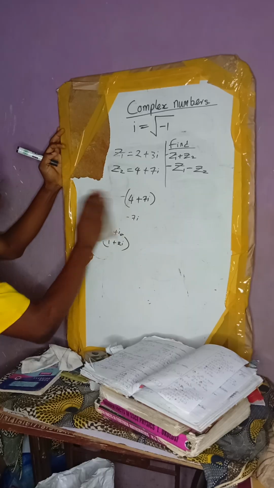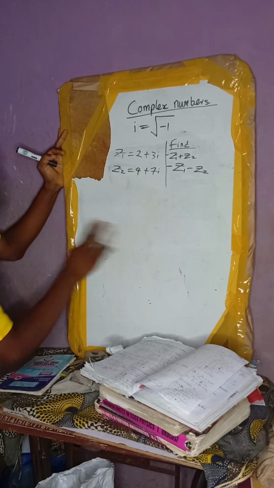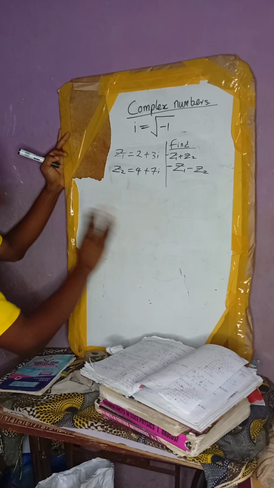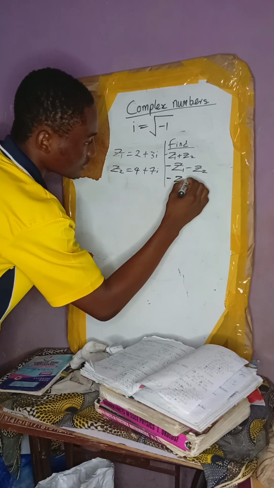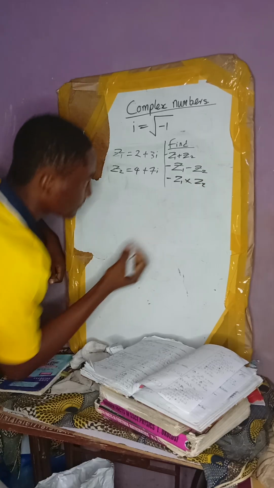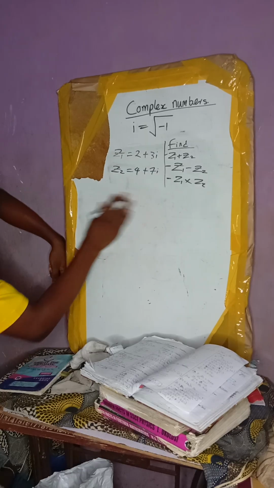Let's recap what we did using the same z1 and z2. So now let's say question 3. Now they're telling us to find z1 times z2, or z1 z2, still the same thing.